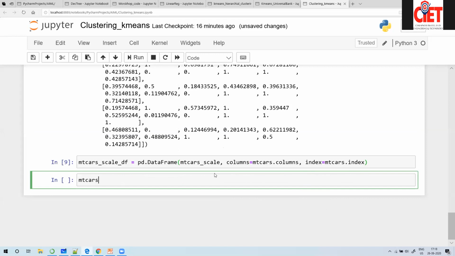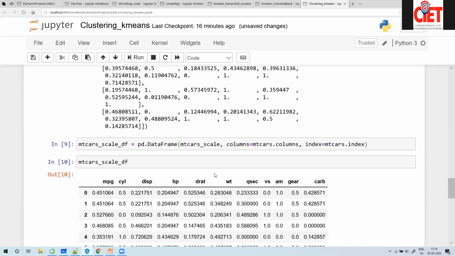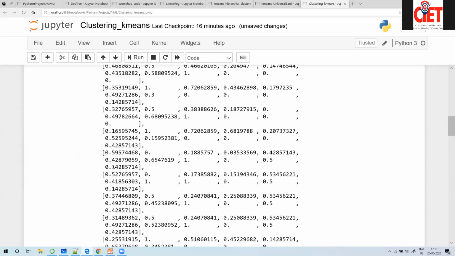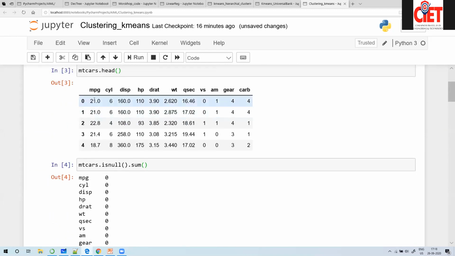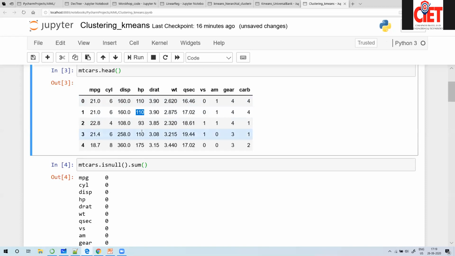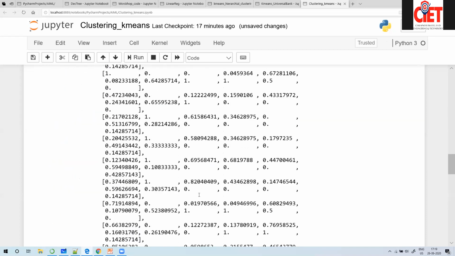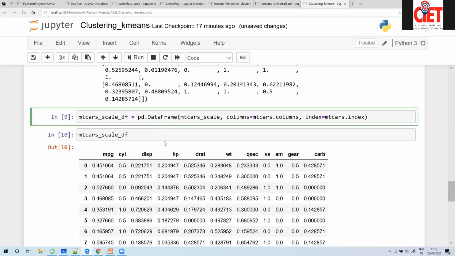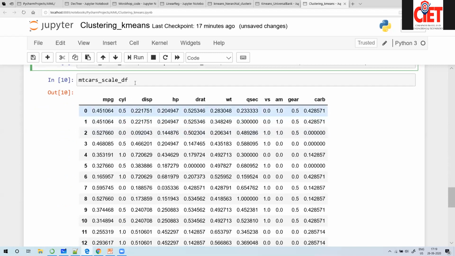Now empty_cars_scale_df. Look at how clean the data looks now. Data is always on the same scale. See here, 21, 160, weight, horsepower was on a scale of 110, and some of them are zeros, ones, etc. After we scaled it and converted back to a data frame, it is very clean.